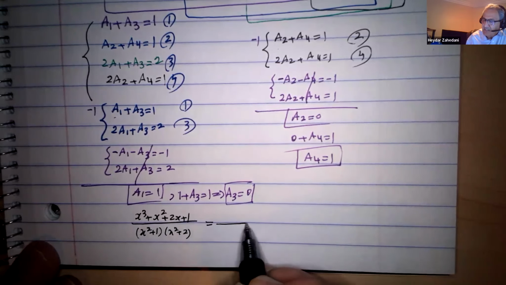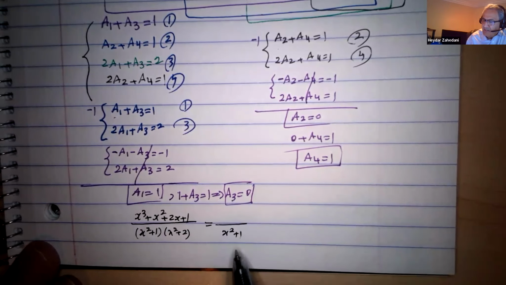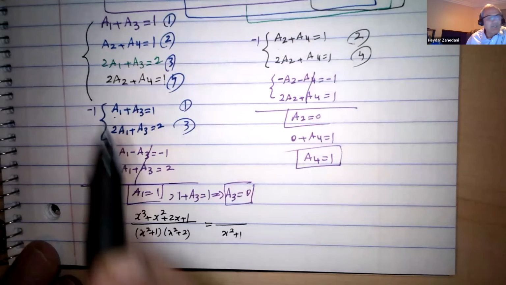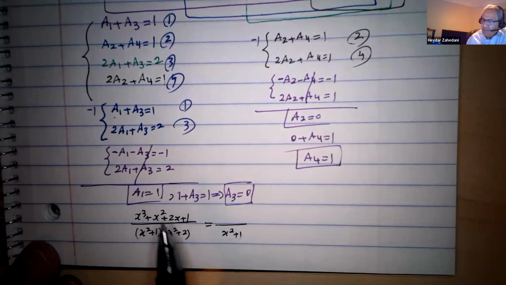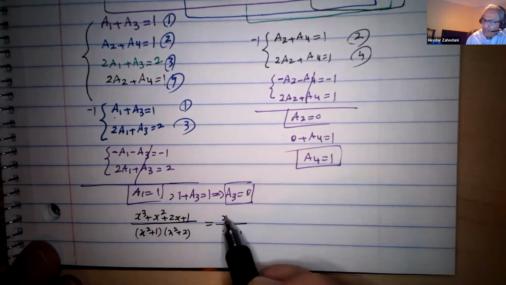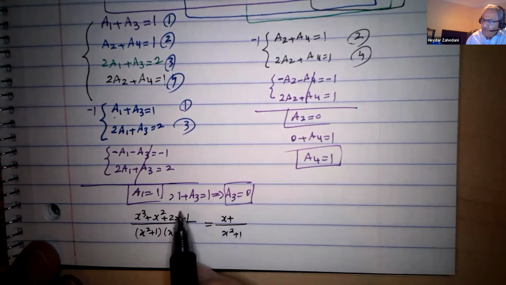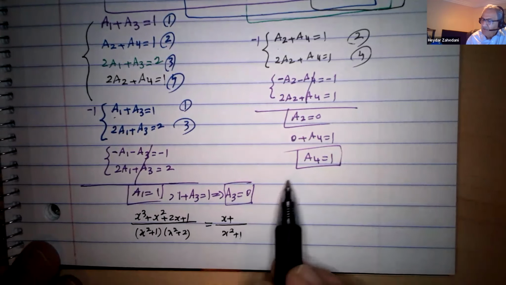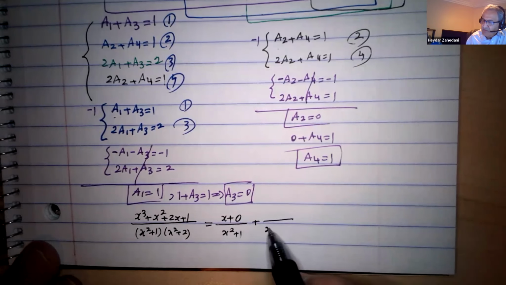So that was x squared plus 1. You see, it was A1x plus A2. A1 is 1, so that gives x. A2 is 0, so that gives me 0. And this is x squared plus 2.